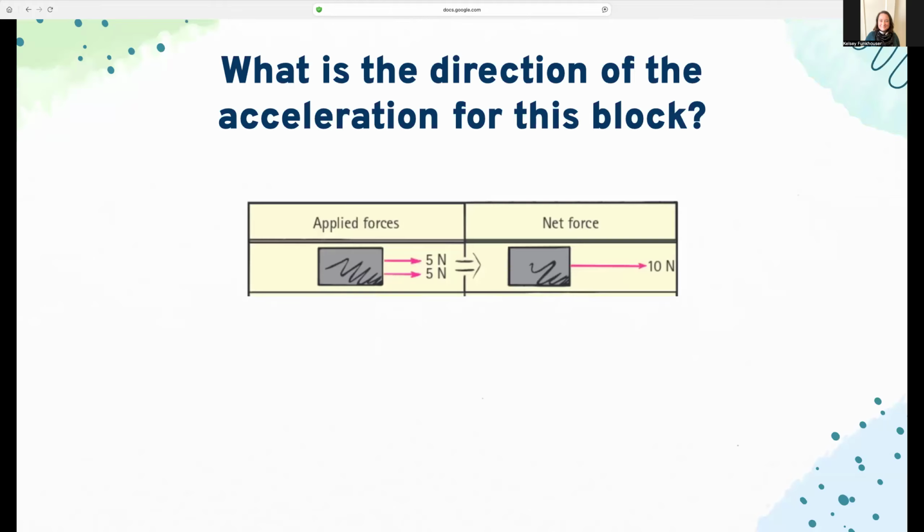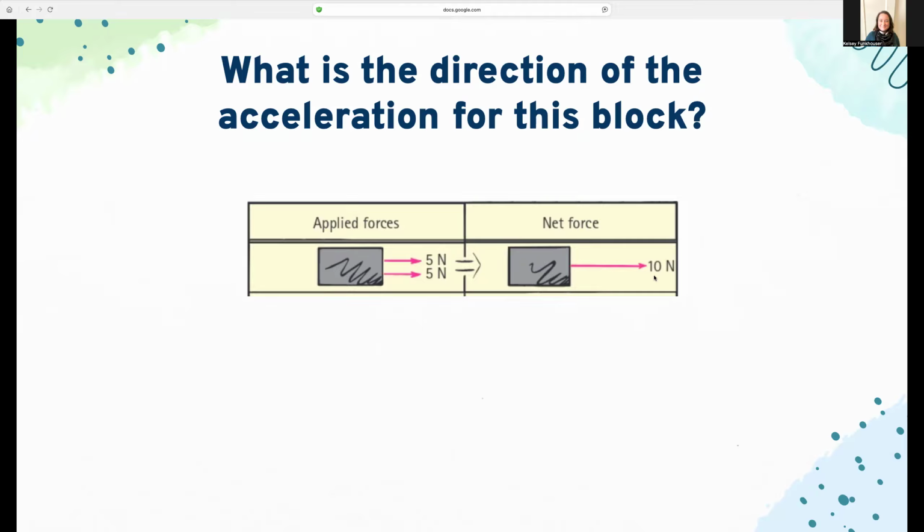We can look at this example to think about the direction of the acceleration for this block. We have two 5-newton forces to the right. That means they add up to a net force of 10 newtons to the right. And acceleration needs to be in the same direction as the net force, so the acceleration is also to the right.